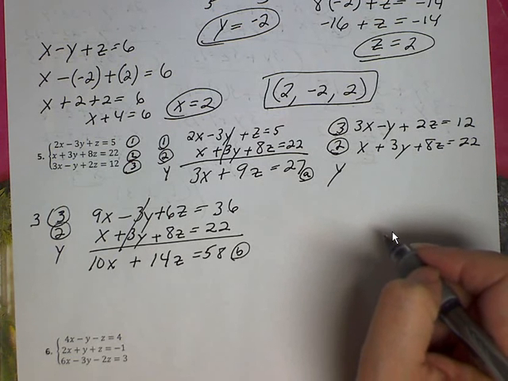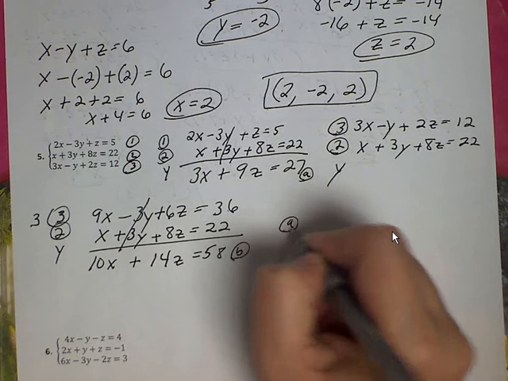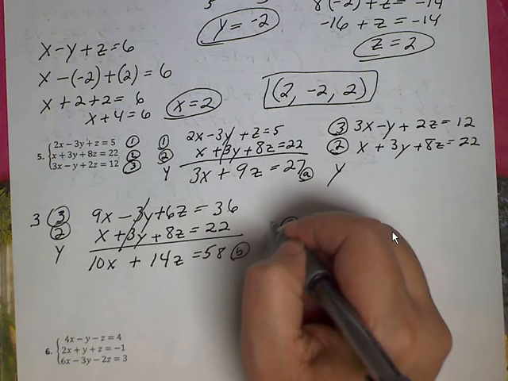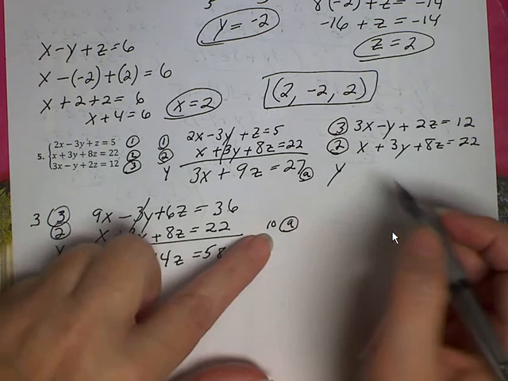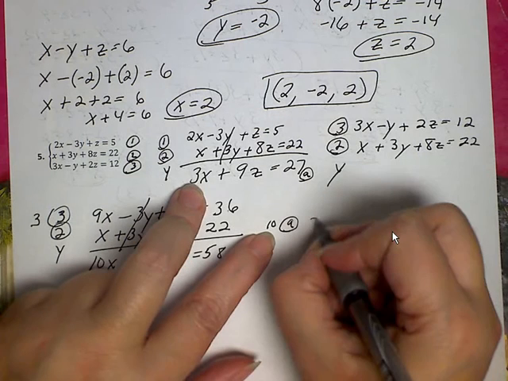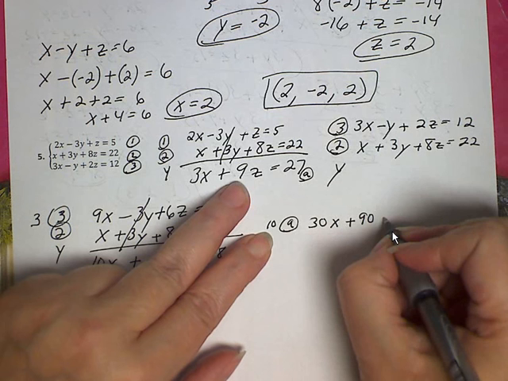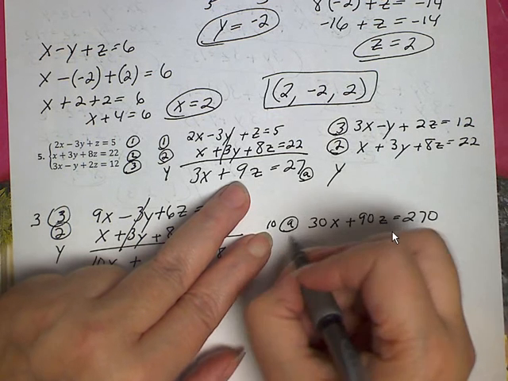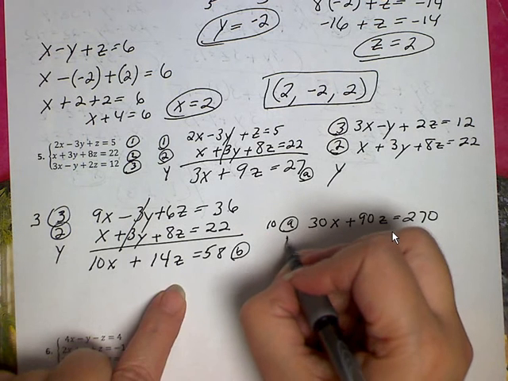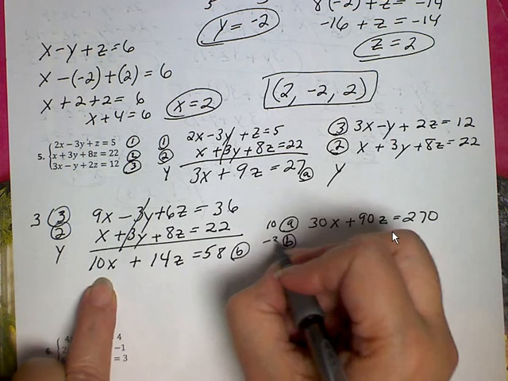And what would I like to multiply by? I'm going to multiply this by 10. So I have 30x plus 90z is equal to 270. And then I'm going to take this one and multiply it by a negative 3, because I want this to be 30.